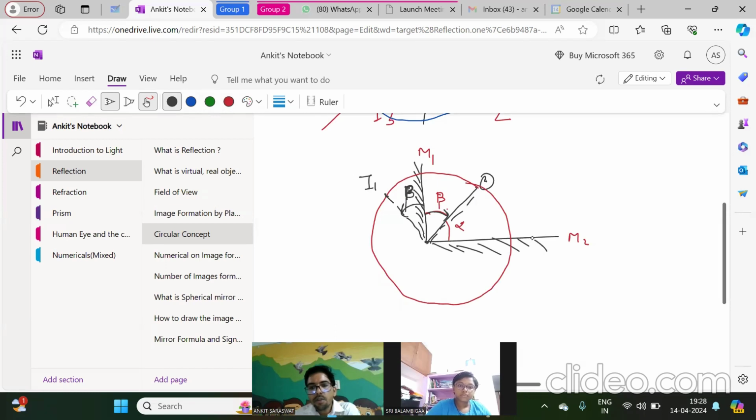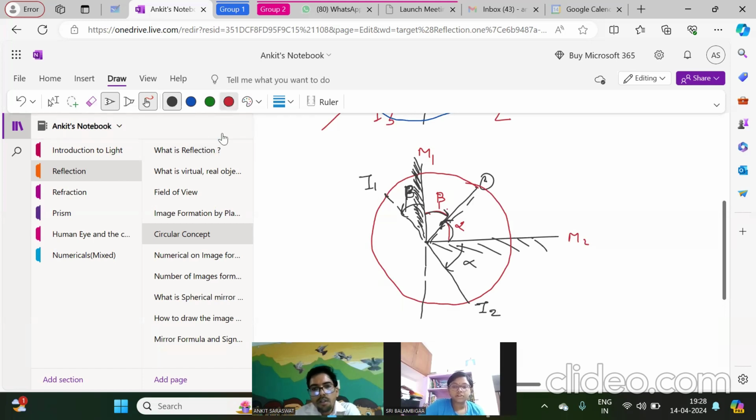With respect to mirror 2, if this object is alpha in this direction, anti-clockwise, then the image will be alpha from M2 in this direction. For mirror M1, the polish is at the back. Then for mirror M1, this I2 is the virtual object.